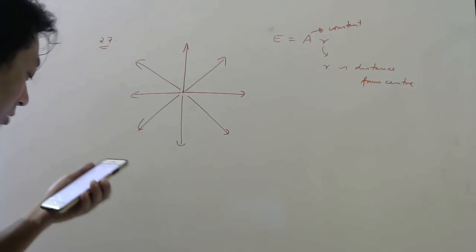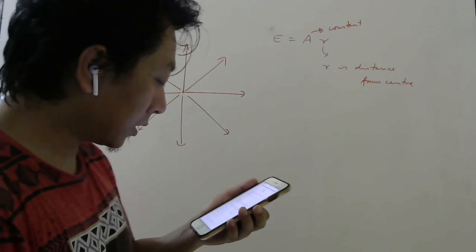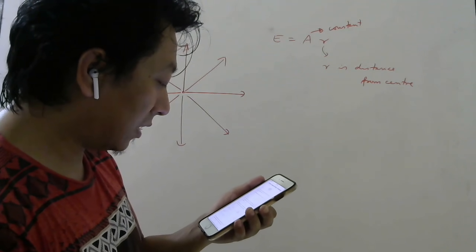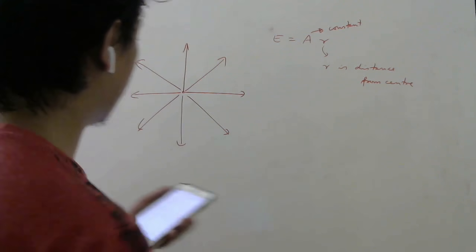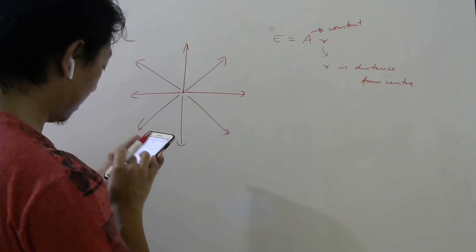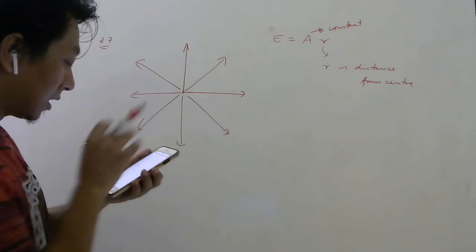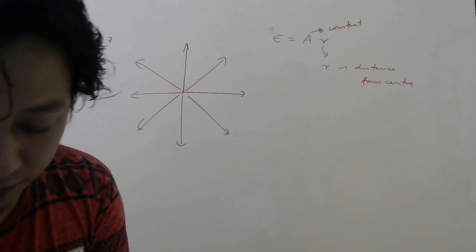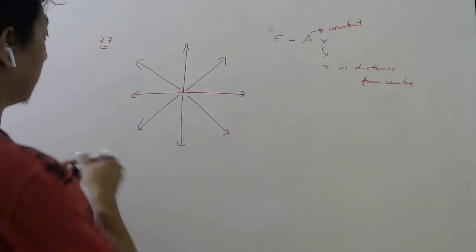What they are asking now? A charge contained in a sphere of radius small a centered at the origin of the field. So this is the field, it starts from this point, so this is the origin of the field. So they are asking charge contained in a sphere of radius a. So let me draw a sphere of radius a.